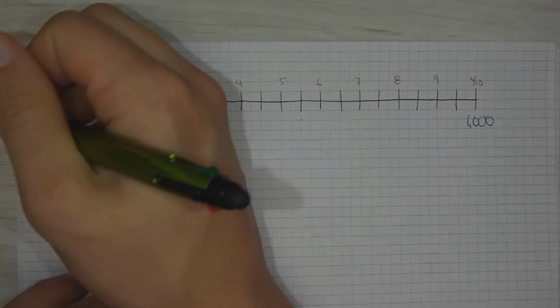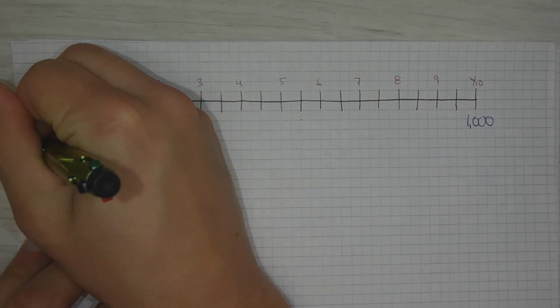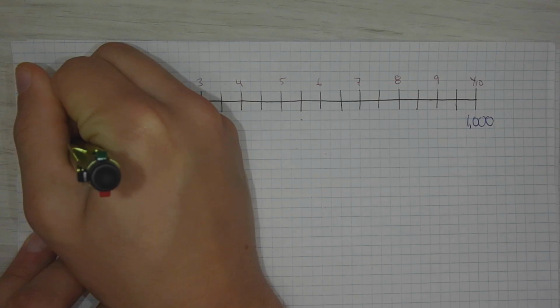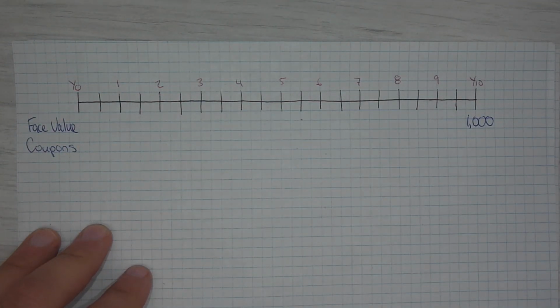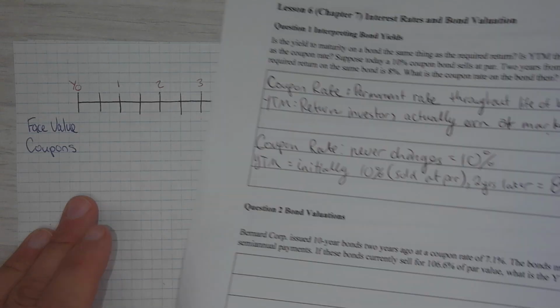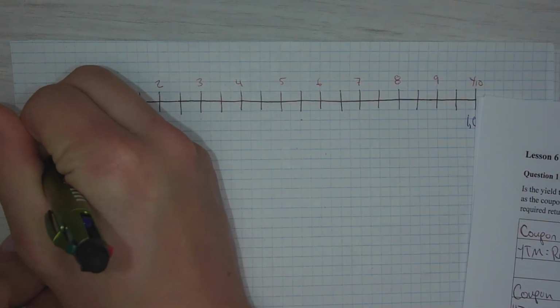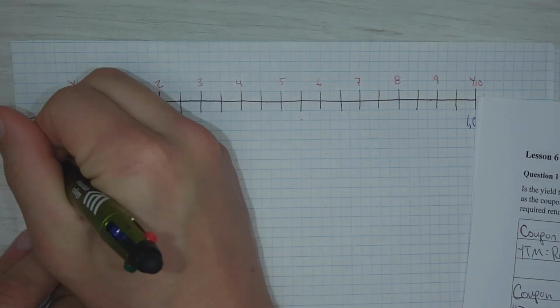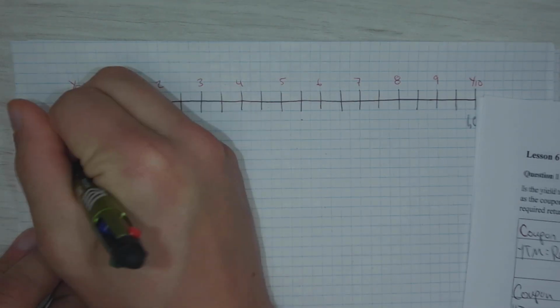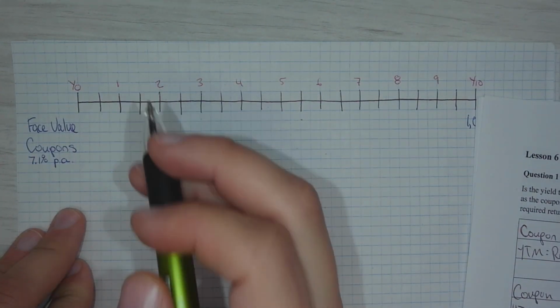Now we also have our coupons. Now the coupons are paying currently a coupon rate of 7.1%. You have to remember this is per annum, and there are two payments per year.